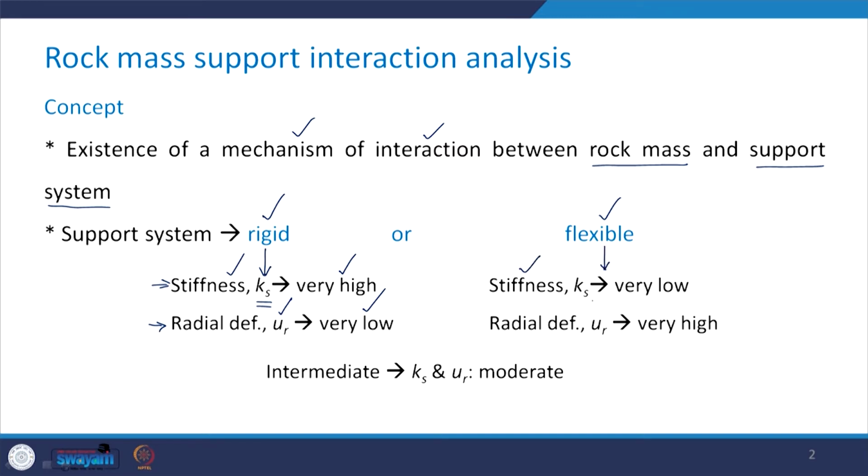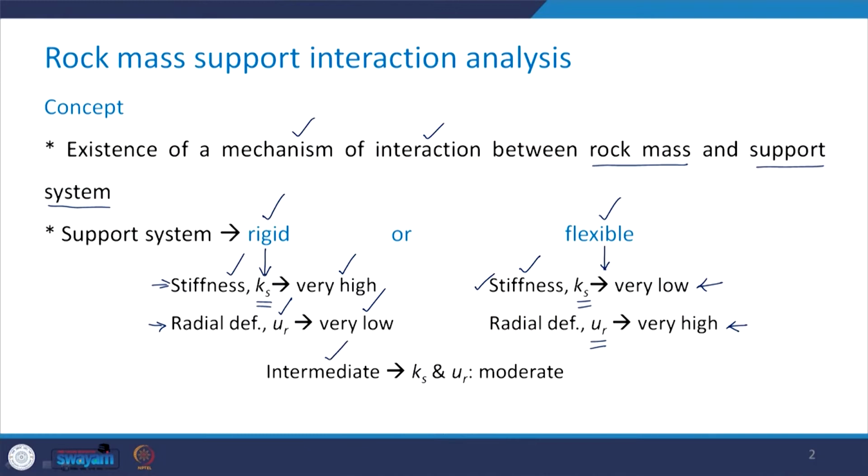Its stiffness Ks is going to be extremely low, and the radial deformation will be very high because the stiffness is very low. Somewhere in between these two extreme cases, we will have an intermediate condition for which the stiffness of the support system Ks and the radial deformation are neither too low nor too high, but somewhat moderate.